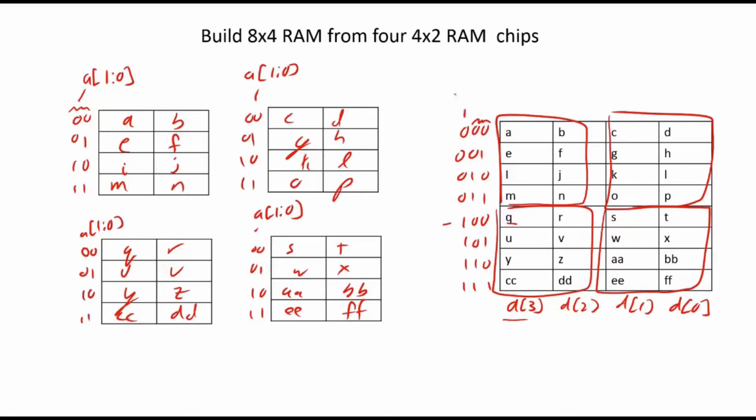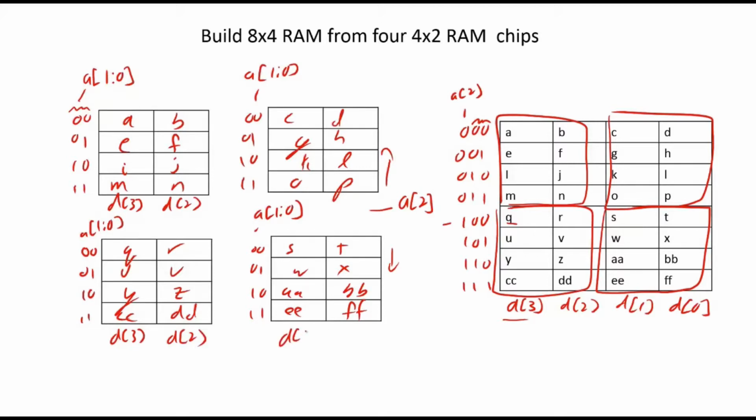And now I still have address bit 2, and I'm going to use that to select whether I use the top row or the bottom row. It's going to choose between those 2 sets of RAM chips. And then I also know that these are going to be data bit 3, data bit 2, data bit 3, data bit 2.